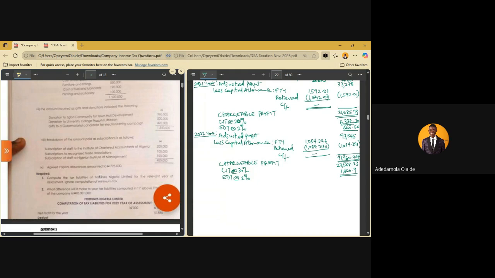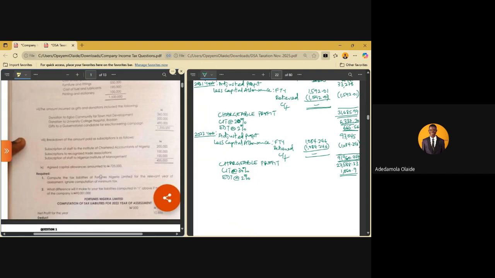Compute the tax liability of Fortune Nigeria Limited for the relevant year of assessment. Ignore computation of minimum tax. We did not do minimum tax in the previous question because companies that are exempted from minimum tax are companies engaged in agricultural business. That's one. And also, the company is in its first four years of operation.